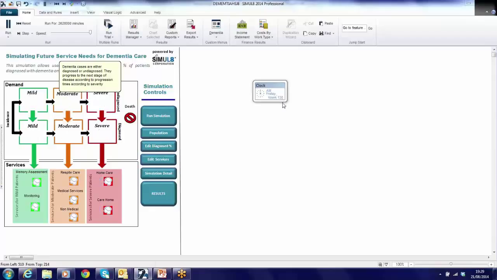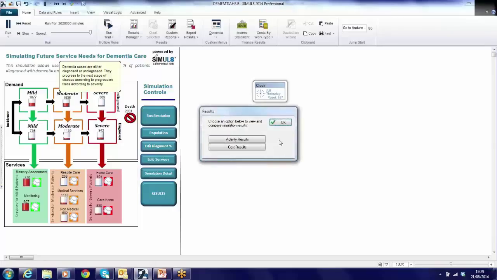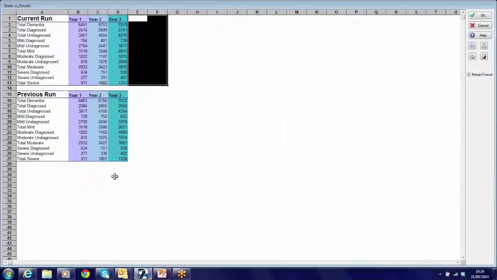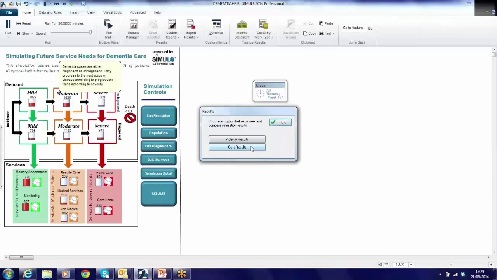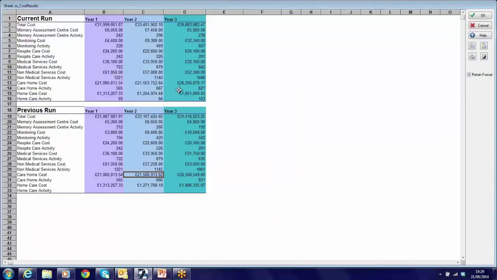We're just coming up to the end of year 3 now. And this then allows us to compare the results of the current run with the previous run, and also to see whether our costs have changed.